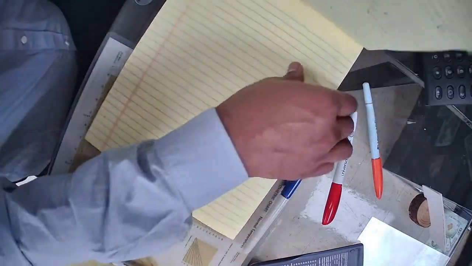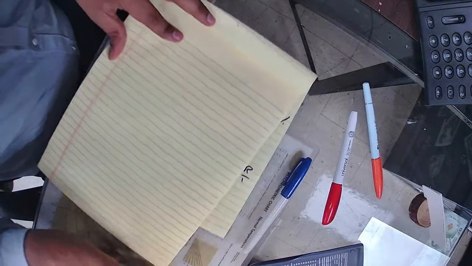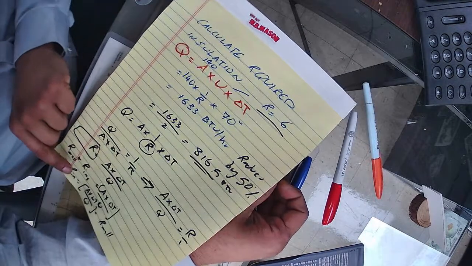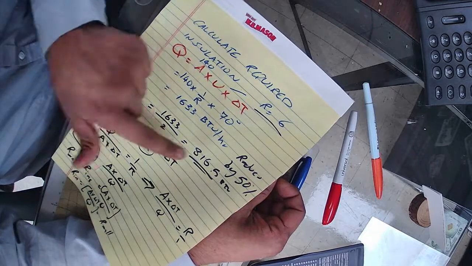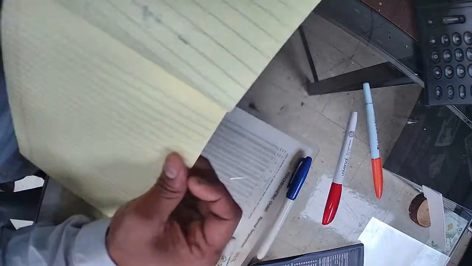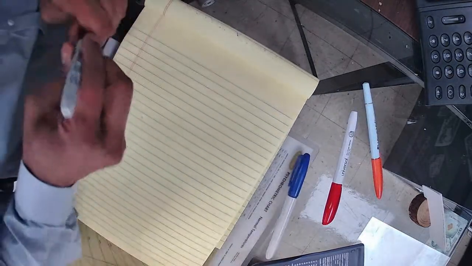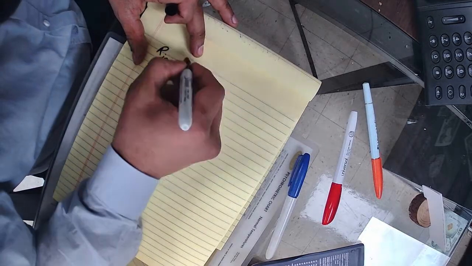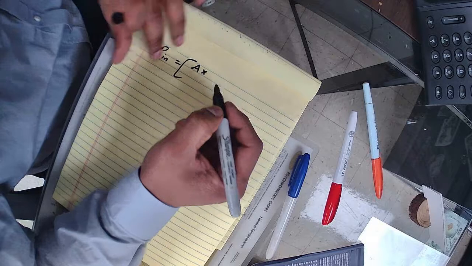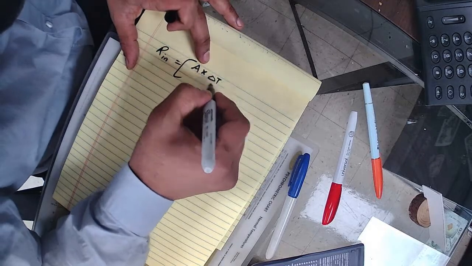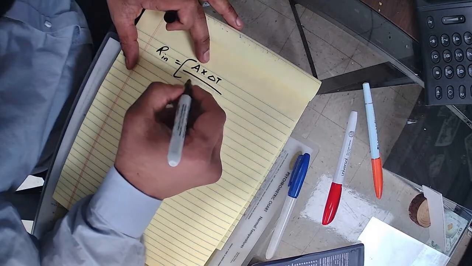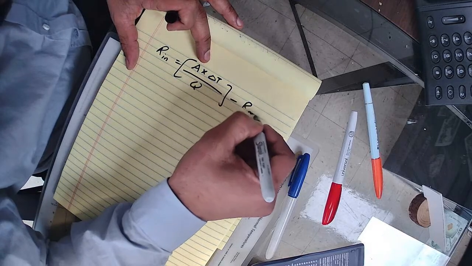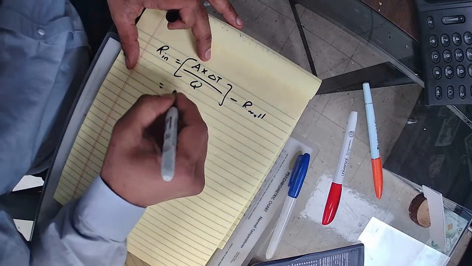So if I want to do this example now, and solve for what R insulation is needed for me to get a Q of 50%, which is 816.5, I will go with R insulation equals area times delta T over the new Q minus R wall, and fill in the blanks.